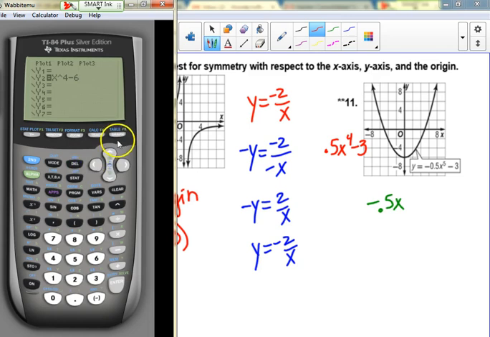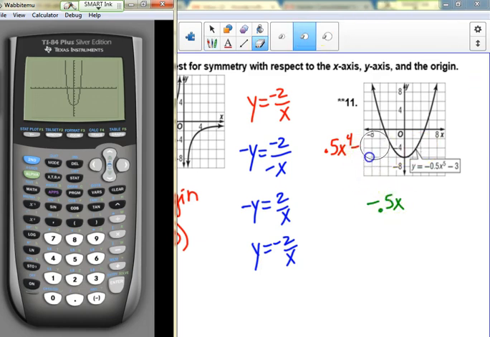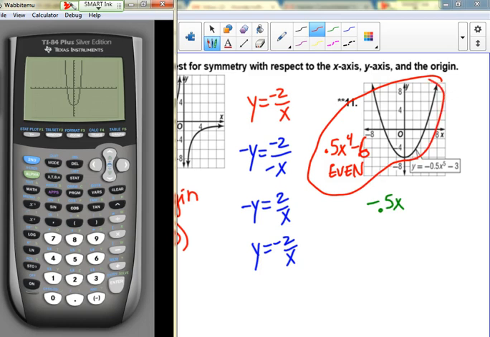Let's see if we can fake it out by figuring out what their equation was here. Yeah, it might have been something like that. If it had been that, this would have been an even function. So the graph shows an even function.